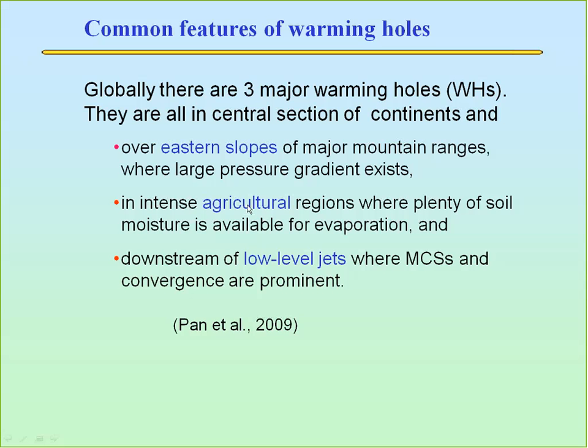They are in intensive agriculture areas where there is plenty of soil moisture and deep crop roots, bringing water through evaporation, which suppresses warming and has a cooling effect. And lastly, they are all at the terminal of a low-level jet, where MCS and moisture convergence are prominent. So these are common features of the warming holes.